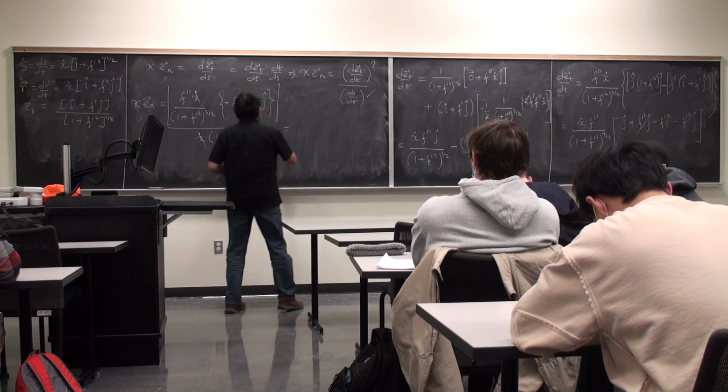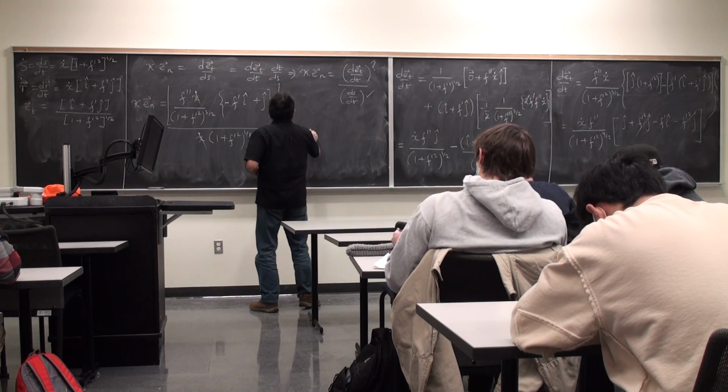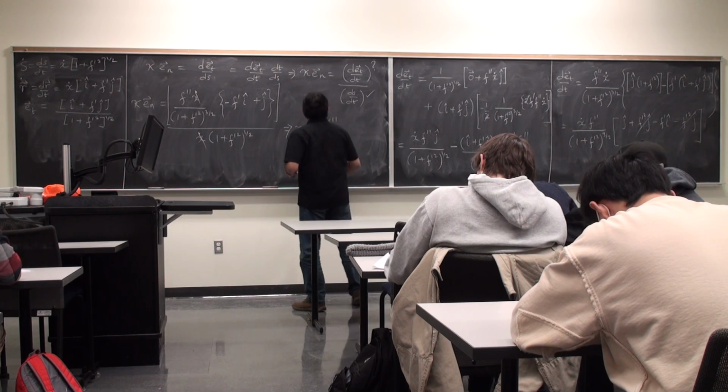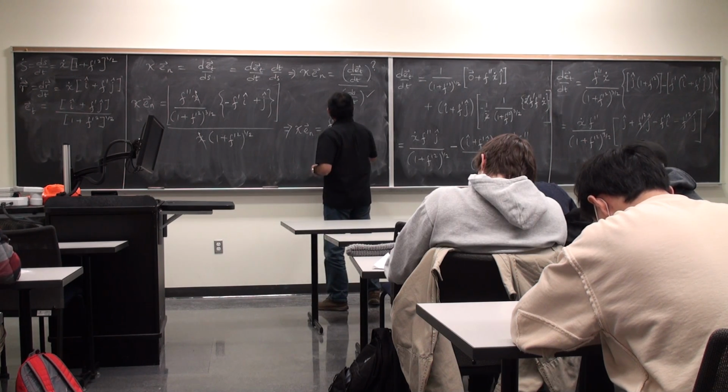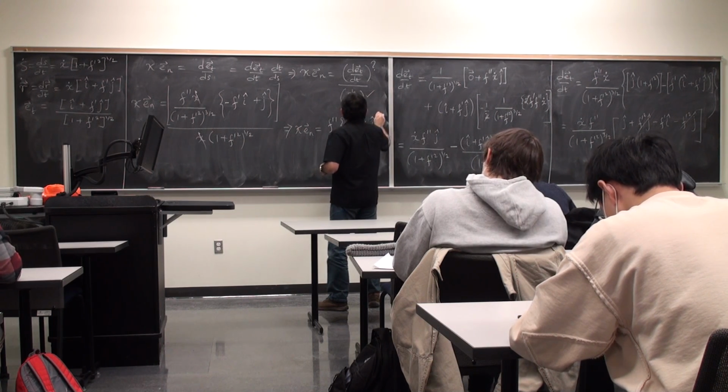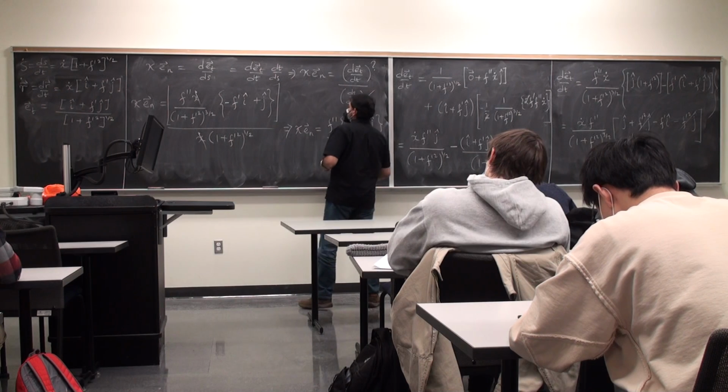So I end up getting kappa then is f double prime, minus f prime i hat plus j hat, by 1 plus f prime square.